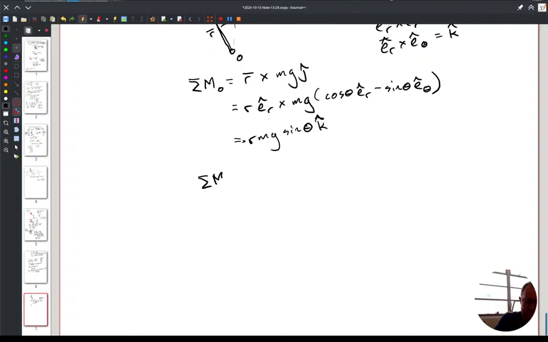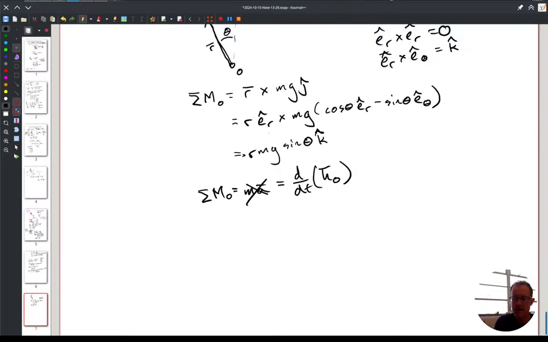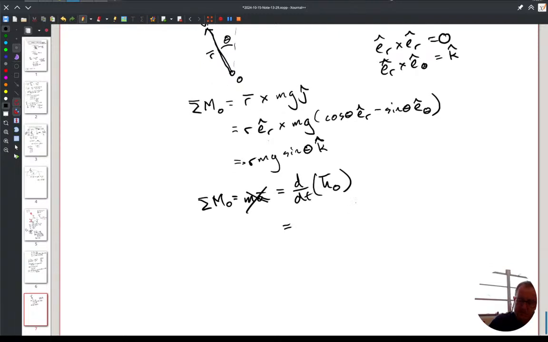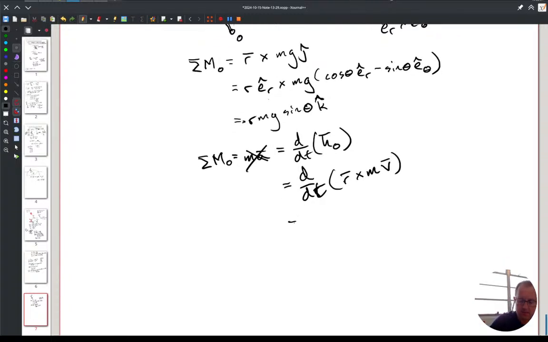Sum of the moments is not equal to ma. It's equal to the change in the angular momentum around point O, which is R cross mv, or d/dt of R ER crossed with m times, and remember we just described the velocity.